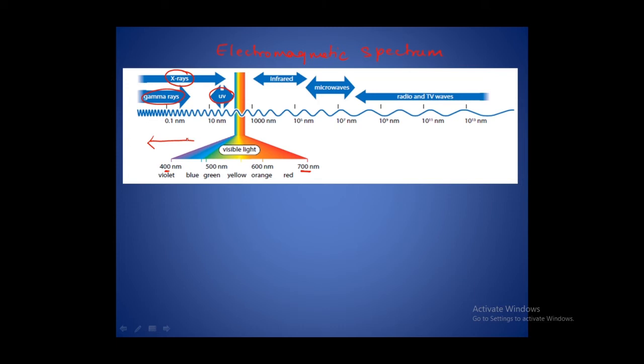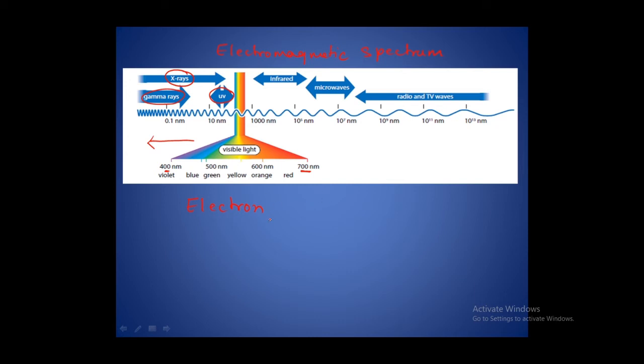So instead of that, scientists have started using electrons. So these electron beams have started being used in order to observe the samples, and because electrons were used, we call them electron microscope.